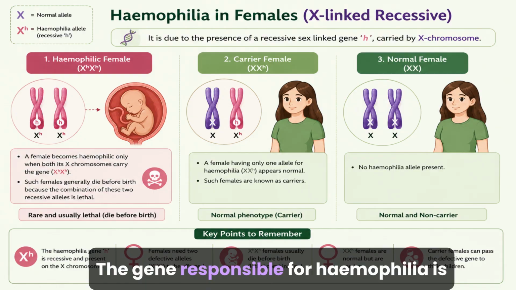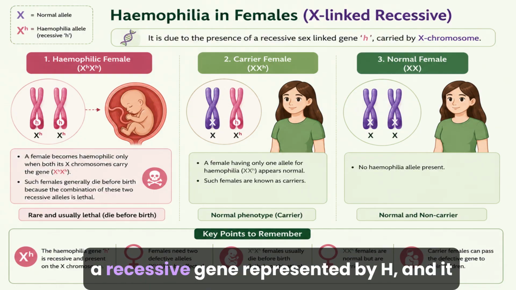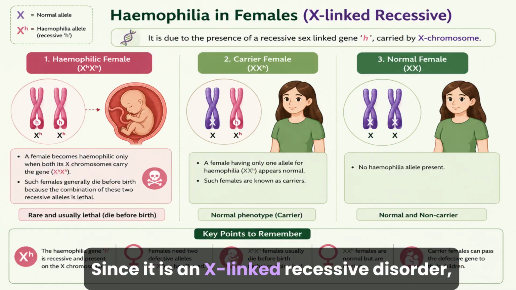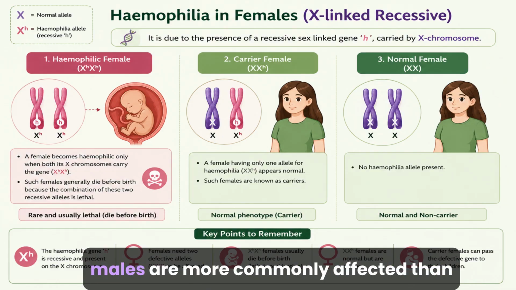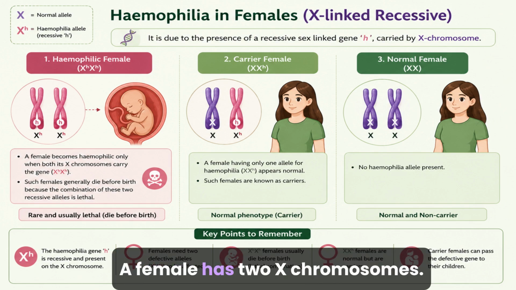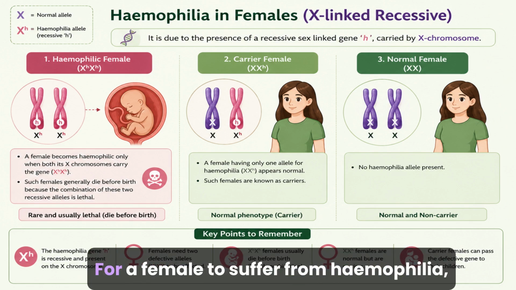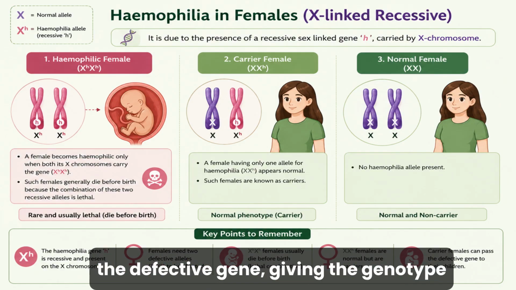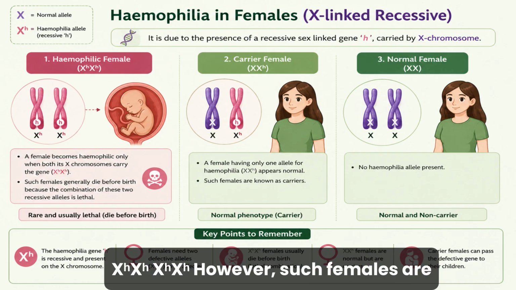The gene responsible for haemophilia is a recessive gene represented by H, and it is located on the X chromosome. Since it is an X-linked recessive disorder, males are more commonly affected than females. A female has two X chromosomes. For a female to suffer from haemophilia, both of her X chromosomes must carry the defective gene, giving the genotype XHXH.